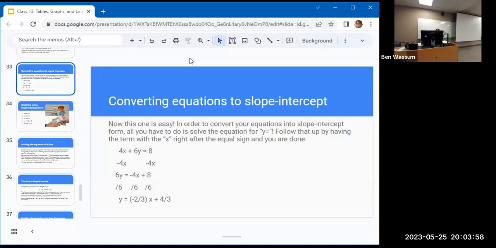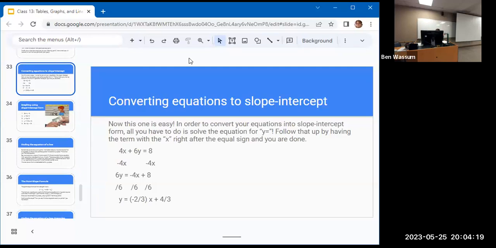So you have 6y is equal to negative 4x plus 8 at this point. And then in order to solve for y, you have to divide everything by 6. Negative 4x divided by 6, 8 divided by 6, divide everything by 6, and reduce if you can.